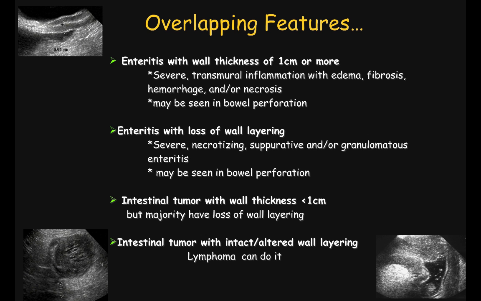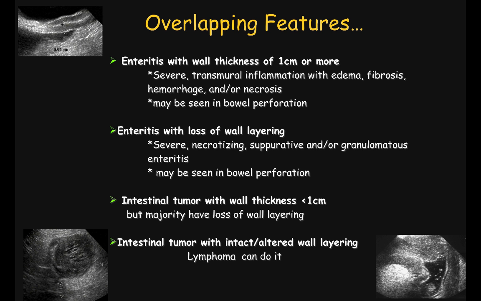In these instances, often the changes are secondary to severe transmural inflammation, usually combined with some degree of edema, fibrosis, hemorrhage, or even necrosis of the wall, and they may be secondary to processes such as bowel perforation.